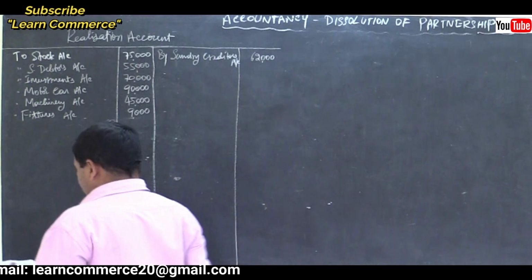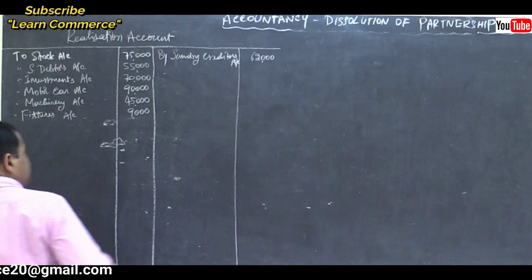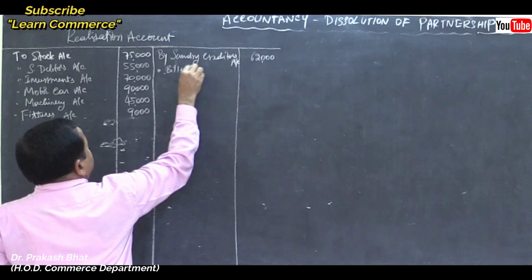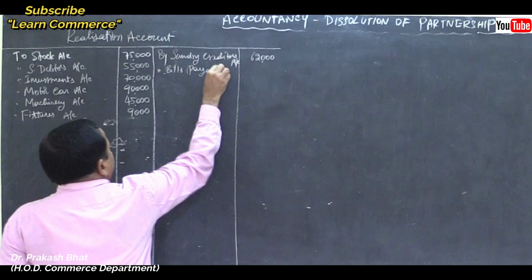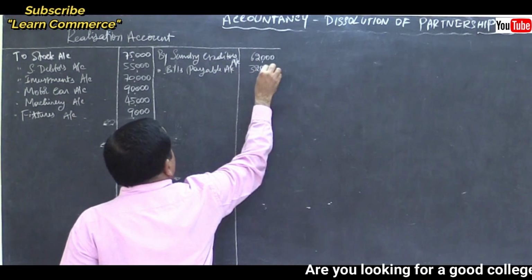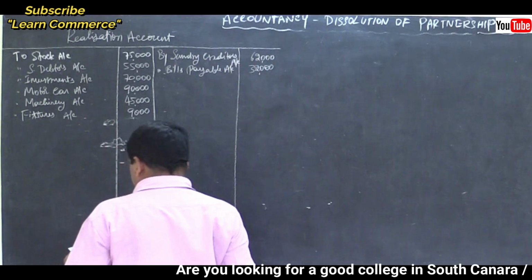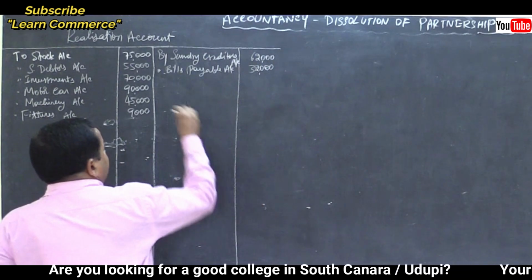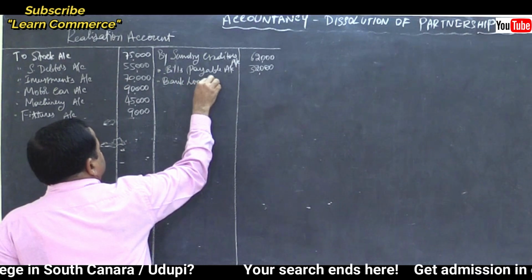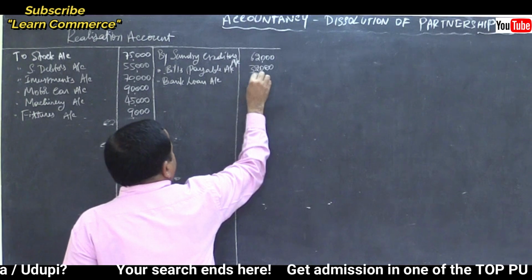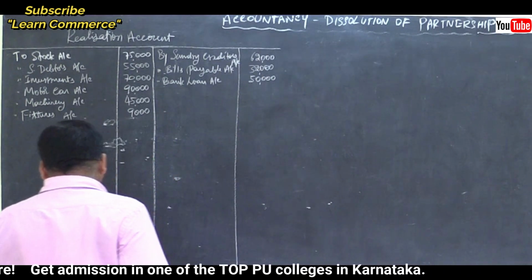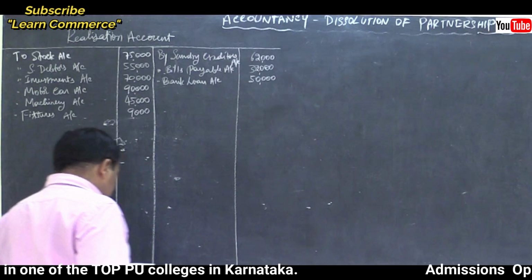Bills payable, 32,000. Bank loan account, 50,000. Tanu's capital, yes, that's all, isn't it?